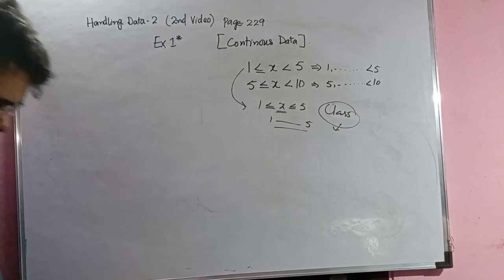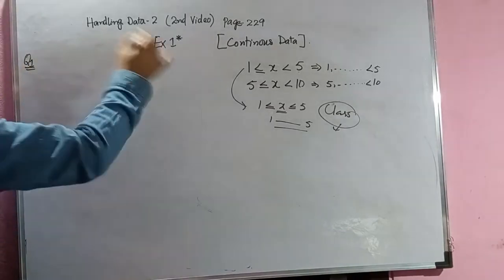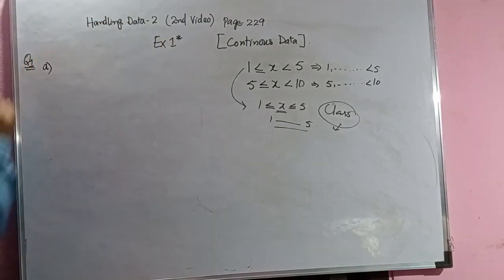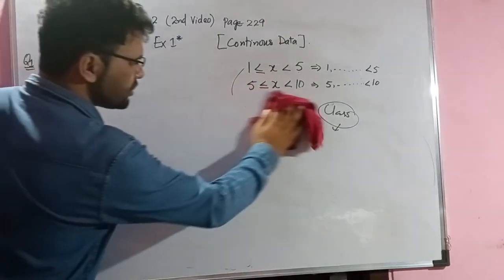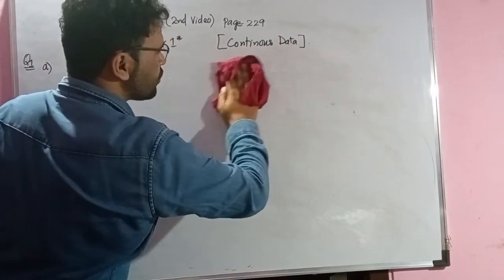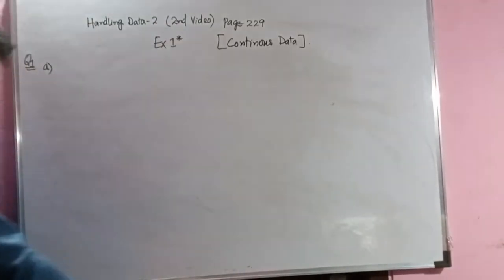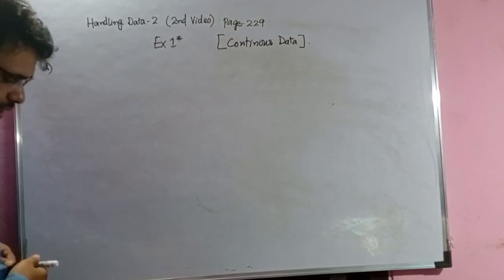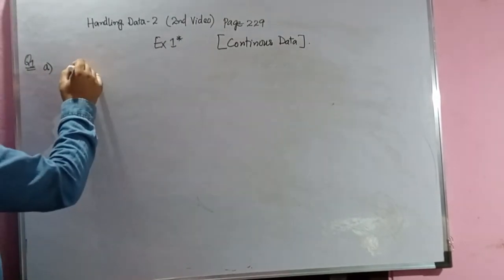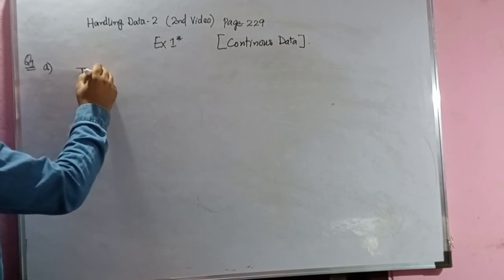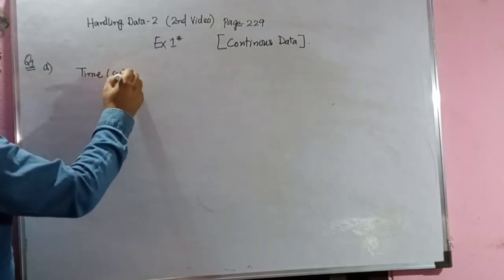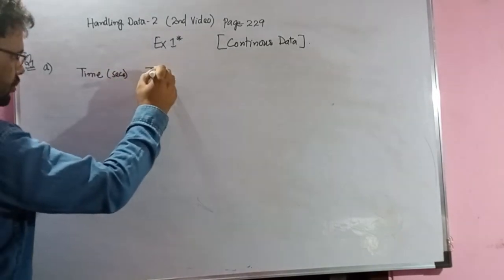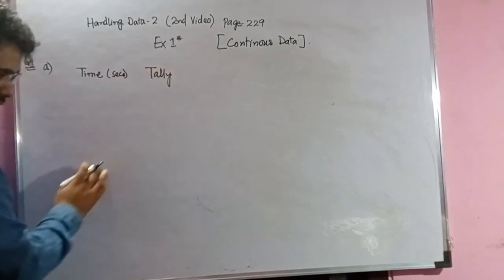In the first part of the question, we have to draw the table. First we have to make the classes, and it is given in the question what the range of the classes is, the upper limit, and the width of the class. It is actually the continuous class. I will write here time, time is in seconds. Since it is a tally chart also, I will write here tally.